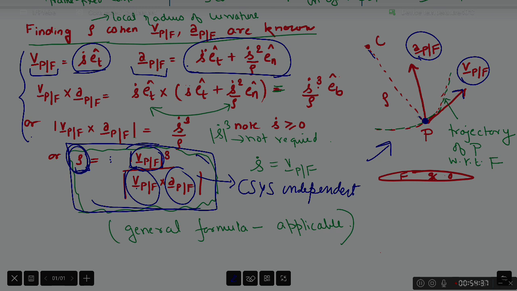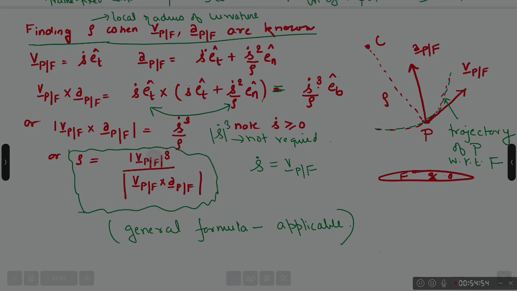This is how we derive it. The full derivation is on the slide. Anybody who wants to read the derivation can pause the video and read the details. But this is the expression, and with this expression I would like to move on to the next slide.